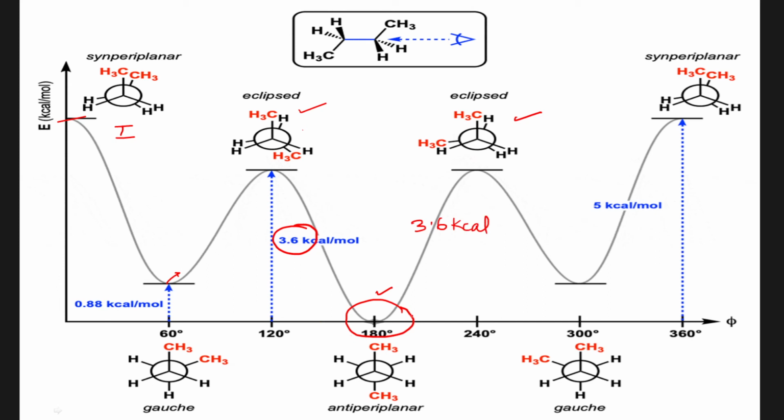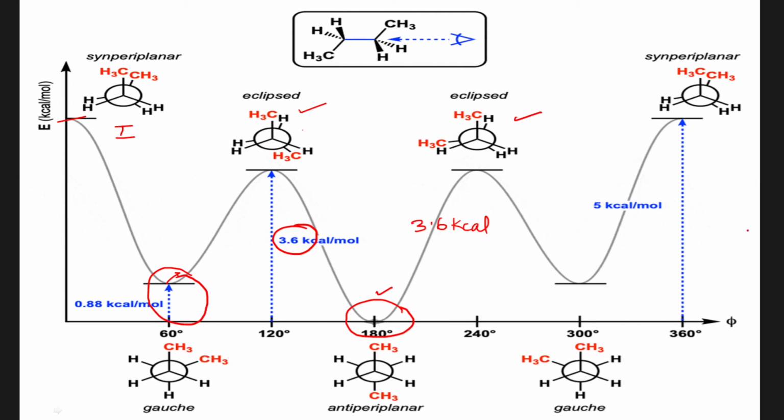The next energy difference which we can take over here is between the gauche form and the anti form. Between the gauche form and the anti form, the energy difference is not too large. It is only 0.88 kilocalories, in which the methyl groups are slightly closer to each other. So this is the staggered form which we are taking.